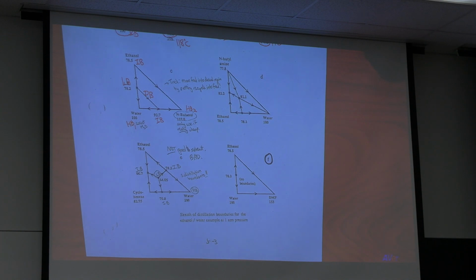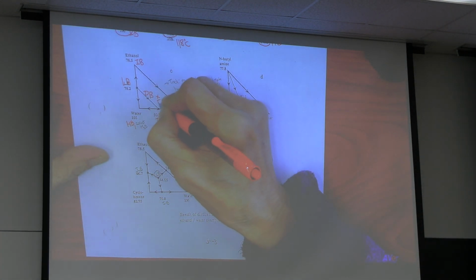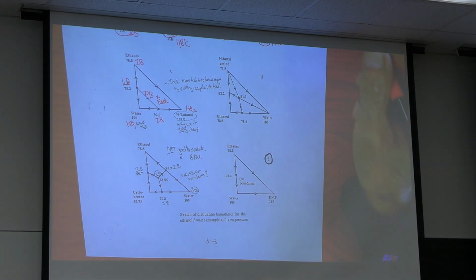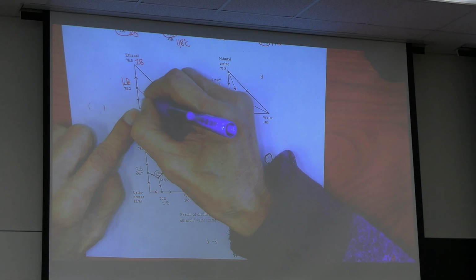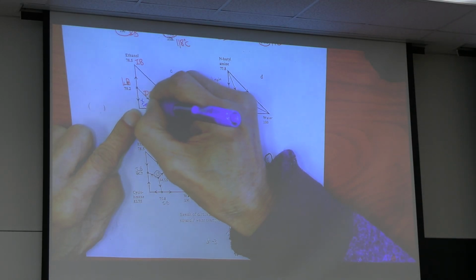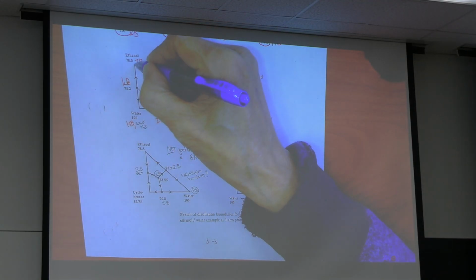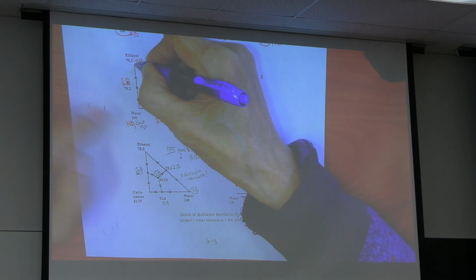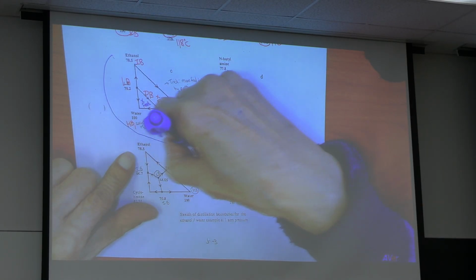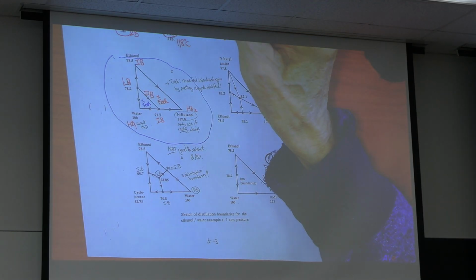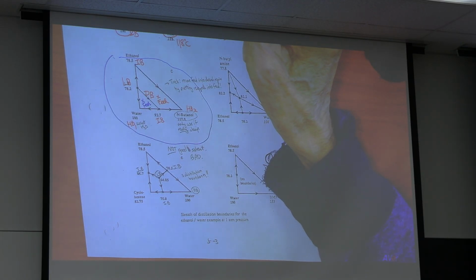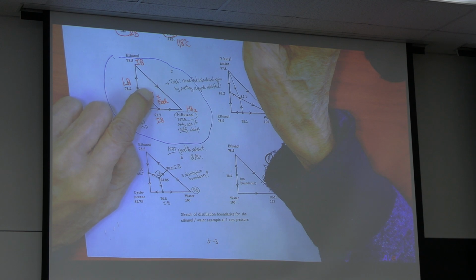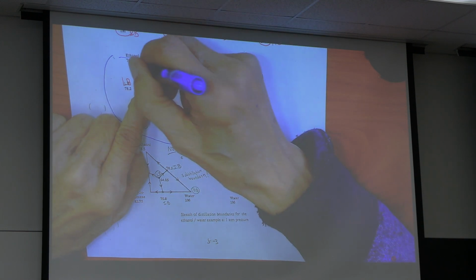That means if the feed is here, you cannot get water. If feed is here, you cannot get ethanol. How do you do this? In the next section, we're going to learn how to cross the distillation boundary, get into this region, creating a new feed and giving you ethanol.